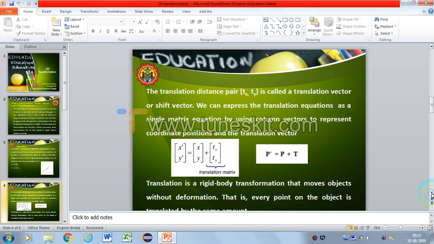Right, class? This tx and ty is called the translation distance pair. You can say it is a translation vector, or a shift vector. So we can express these translation equations.